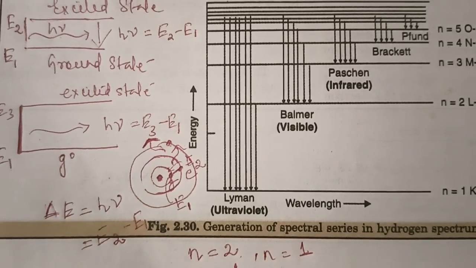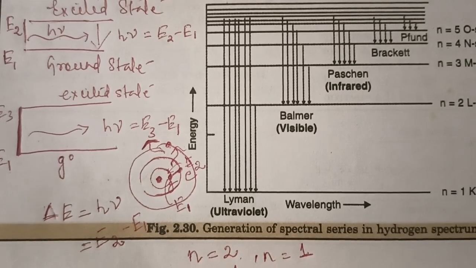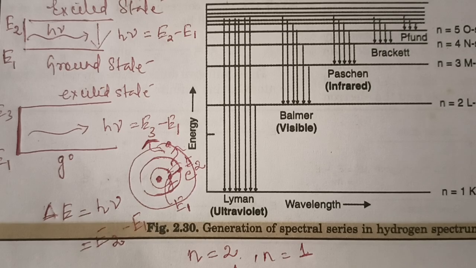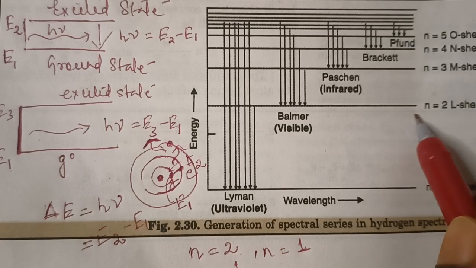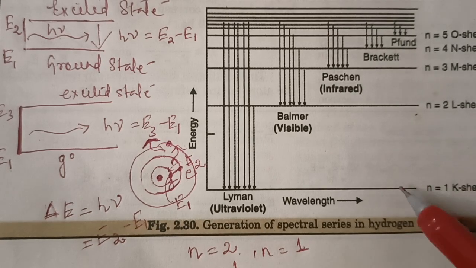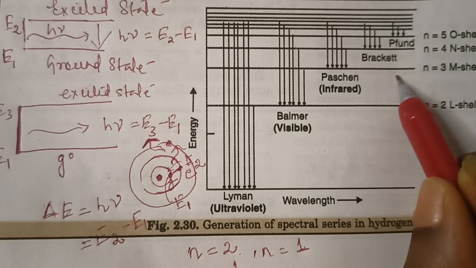In fact, any sample of hydrogen gas contains a large number of atoms, and when energy is supplied by passing an electric discharge, the electrons in different hydrogen atoms absorb different amounts of energy. Therefore, these are raised to different energy states. For example, the electron in some atoms may jump to the second energy level, that means n equals 2, while in others it may be raised to the third energy level, n equals 3, that means the M shell.